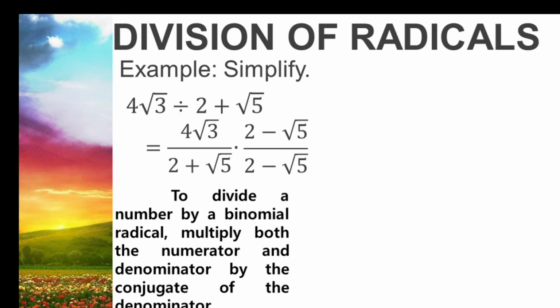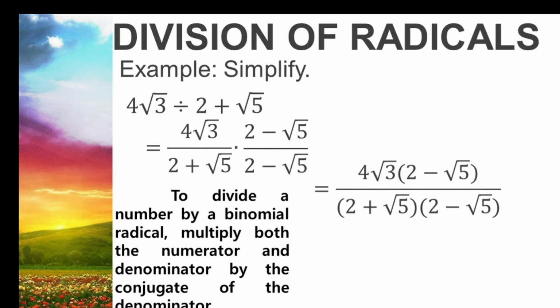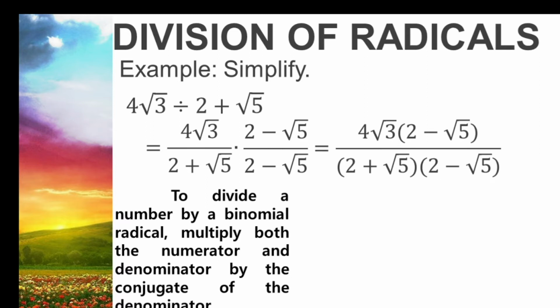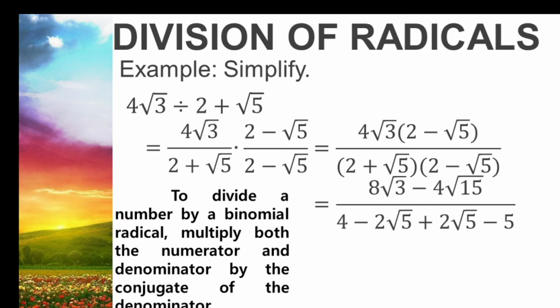So we multiply both the numerator and the denominator. Therefore, we have 4 square root of 3 times quantity 2 minus the square root of 5 over quantity 2 plus the square root of 5 times quantity 2 minus the square root of 5. Applying the rules in multiplying radicals, we have 8 square root of 3 minus 4 square root of 15 all over 4 minus 2 square root of 5 plus 2 square root of 5 minus 5.